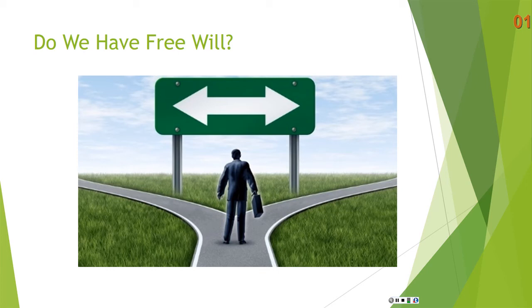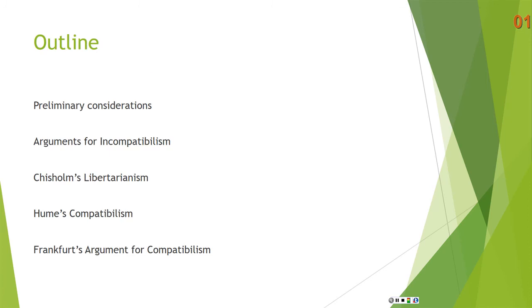Okay, so what are we going to cover in this section on free will? We'll look at some preliminary considerations where we'll consider various theories on free will. We'll look at 2 arguments for incompatibilism. Incompatibilism is a view on the relationship between determinism and freedom.